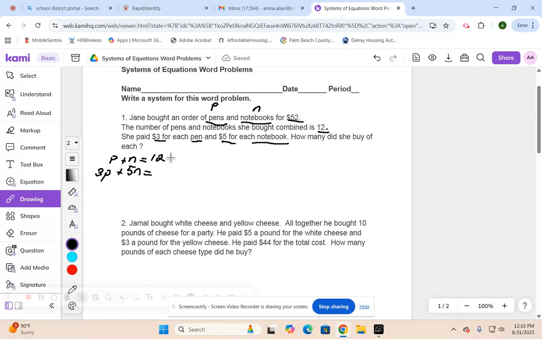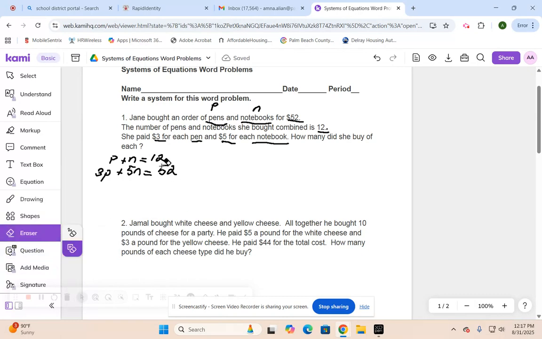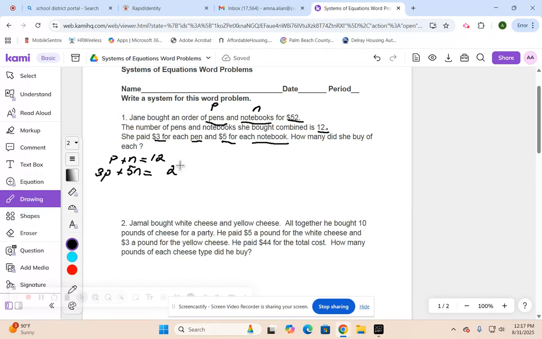It was $52. So she paid $52. So there's our two equations. Let me rewrite 52. Looks more like a 62. Okay, so now we have our system, we have our equations.